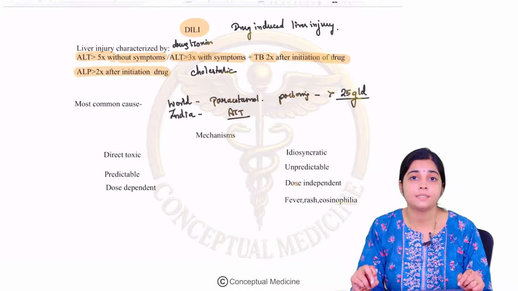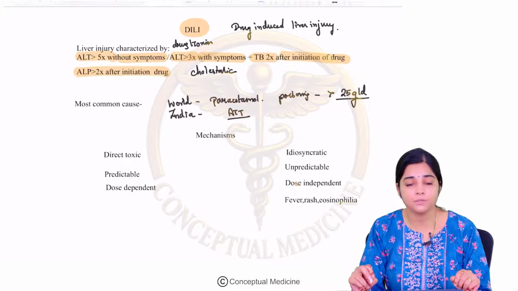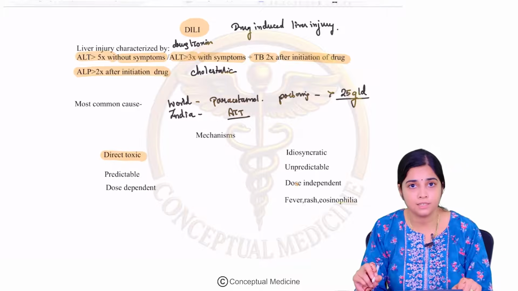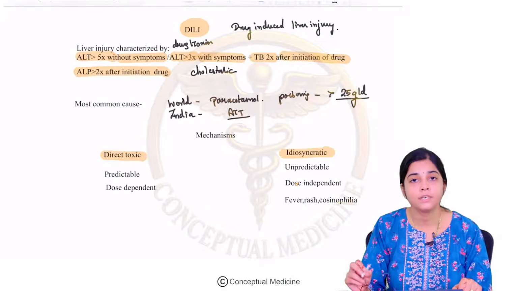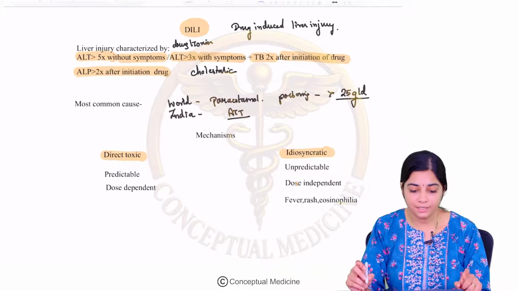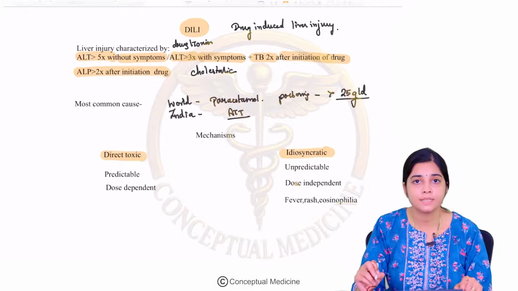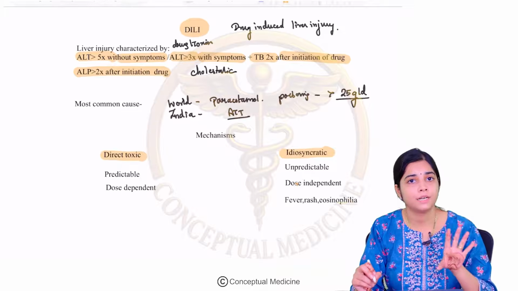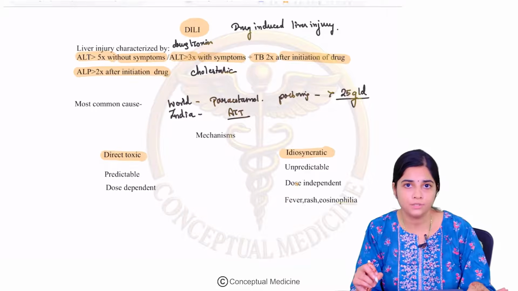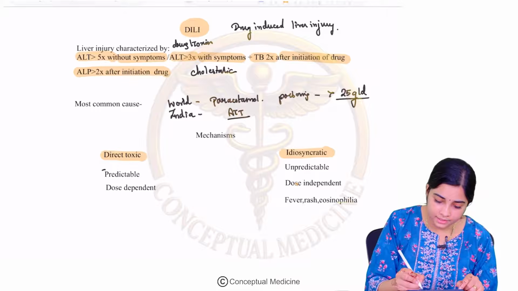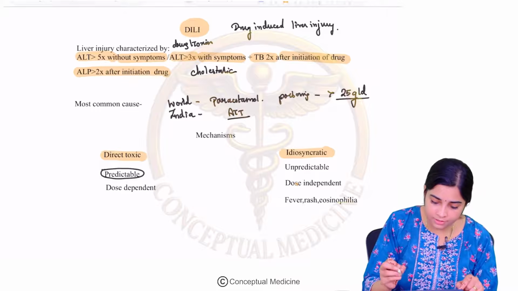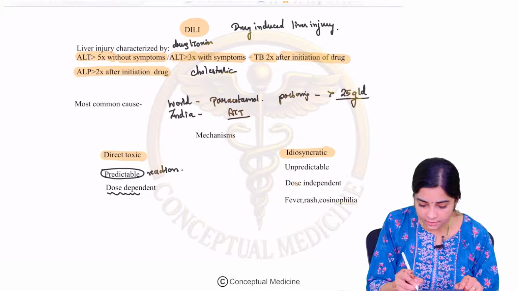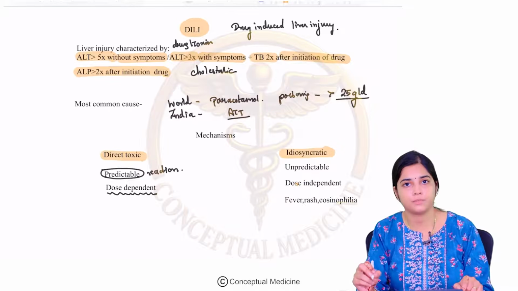So let us understand some of the mechanisms of drug-induced liver injury. The drugs can basically have a direct toxic effect, or it can be an idiosyncratic reaction. Direct toxic effect basically means that whenever you were doing your drug testing, you knew that there are chances of drug-induced liver injury. So there is a predictable reaction to the drug, and this is a dose-dependent process.